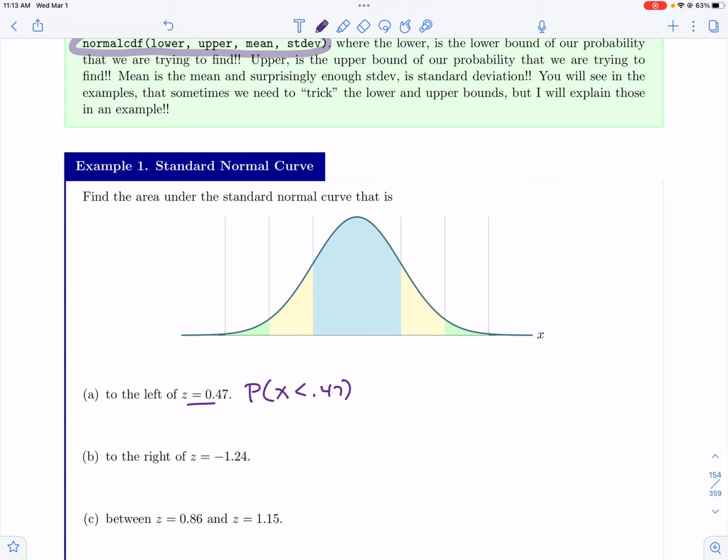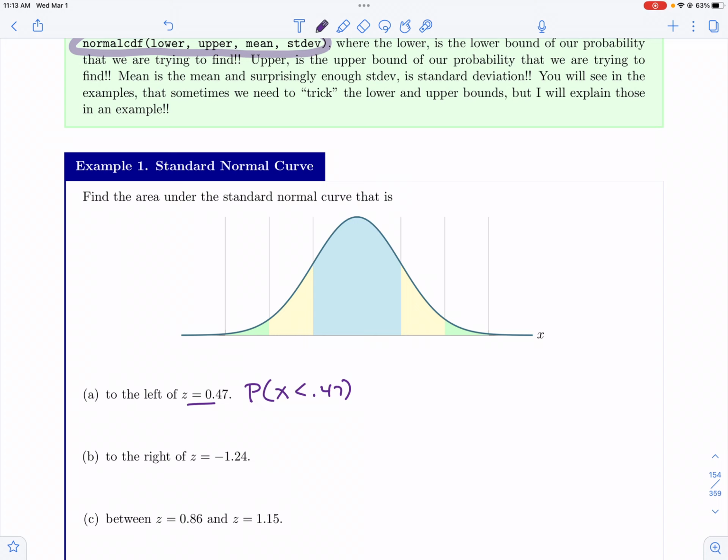Whatever that value is always going to be the bound. We don't have to go to 0.46 or anything like that. Regardless of whether it's a less than or equal to, that number is going to be the upper bound or the lower bound. We don't have to modify the bounds like we did in our binom. Again, that's another nice feature of this one.